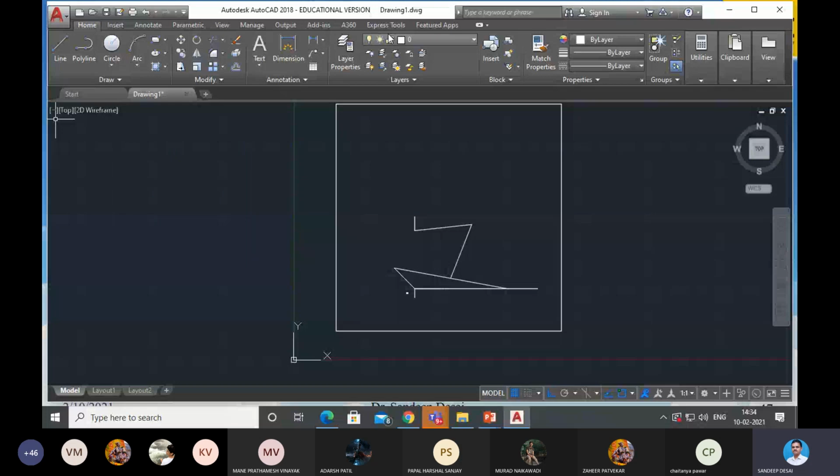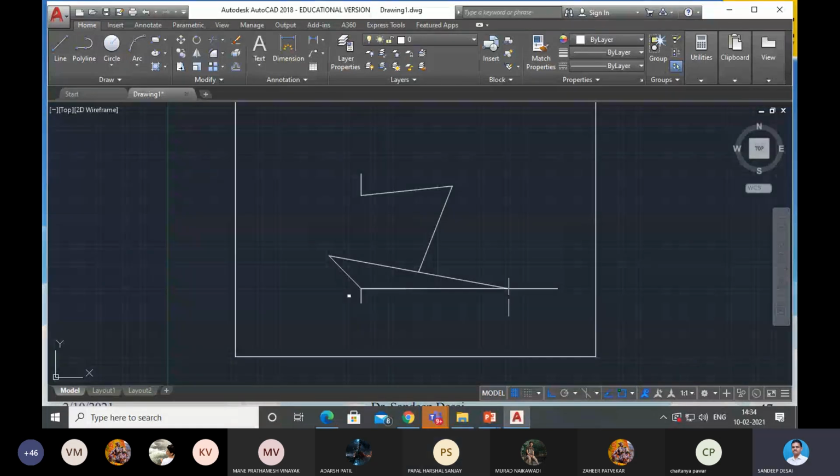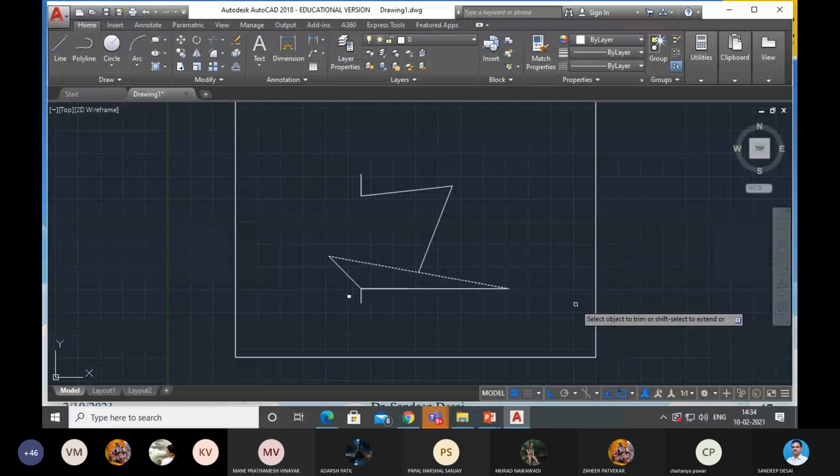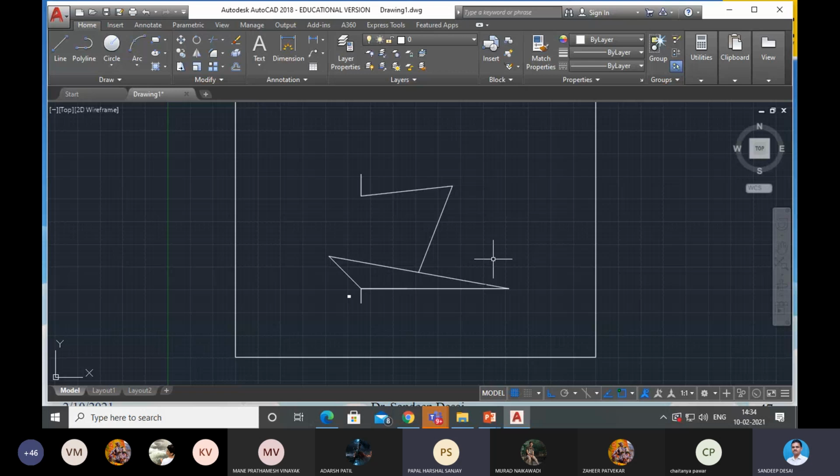Okay, have we got this configuration diagram? Let me again trim this portion. Right. Hello, everyone, all the students. Have we got the configuration diagram?